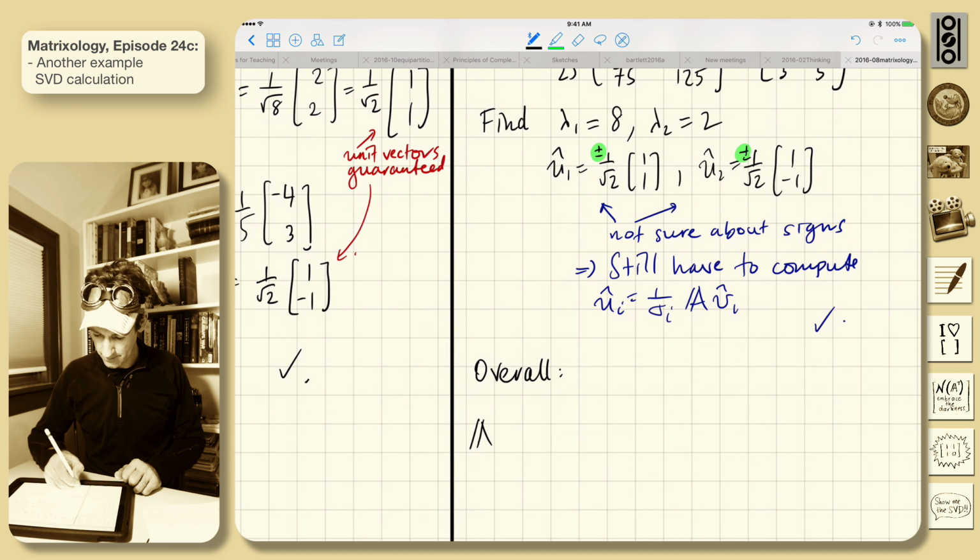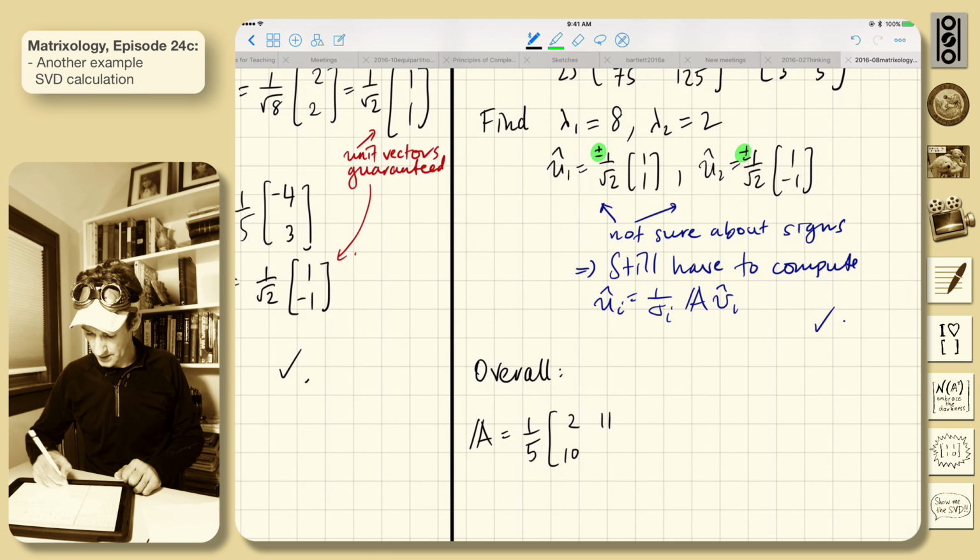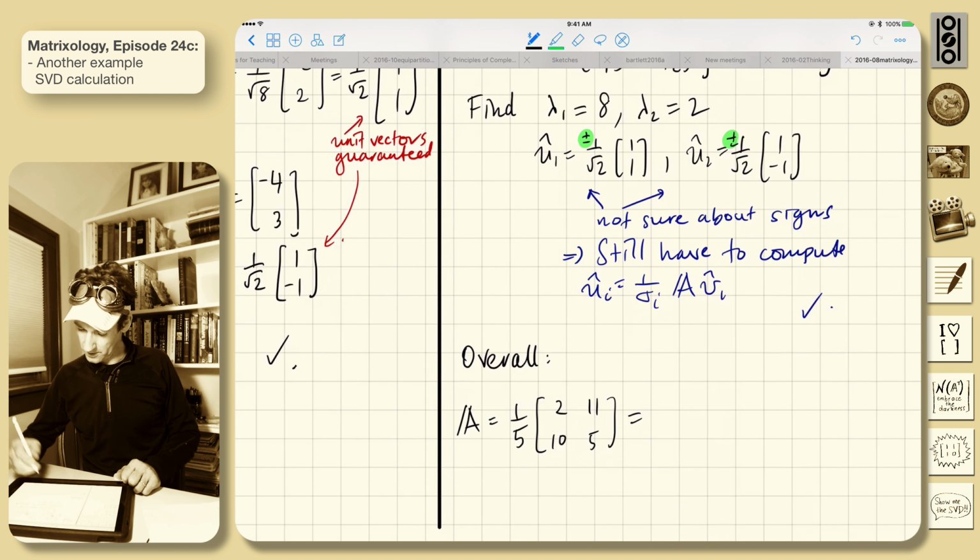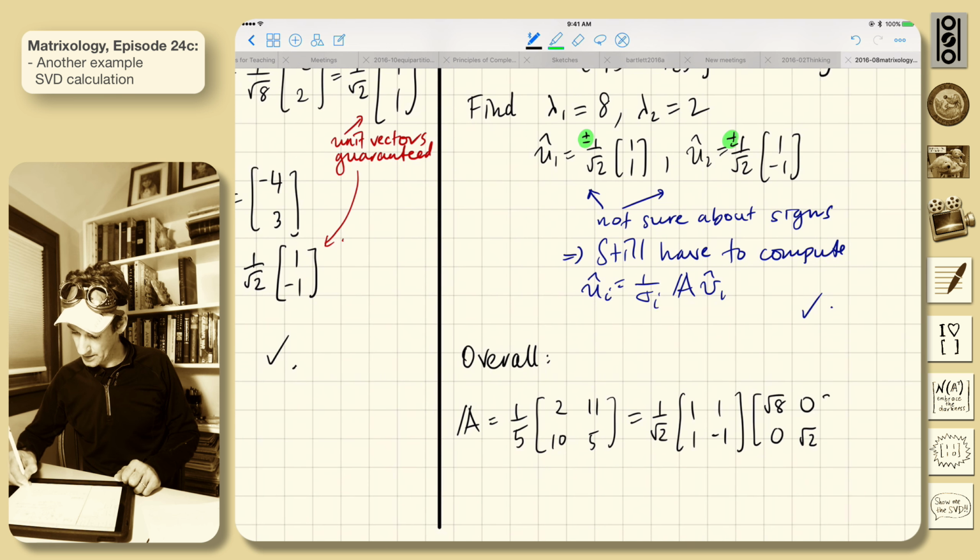we have A equals 1/5, 2, 11, 10, and 5 equals all these pieces. So there's going to be a 1 over root 2, 1, 1, 1, minus 1. And then we have a square root of 8, square root of 2, and then 1/5. This will be 3, 4, and then minus 4, 3.